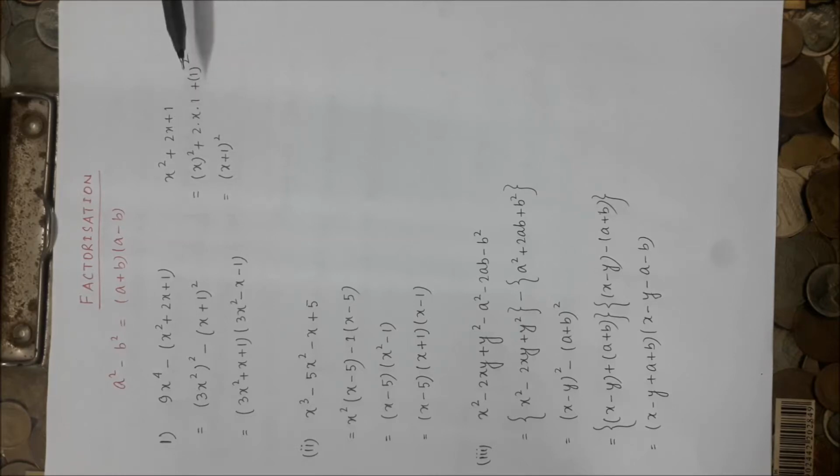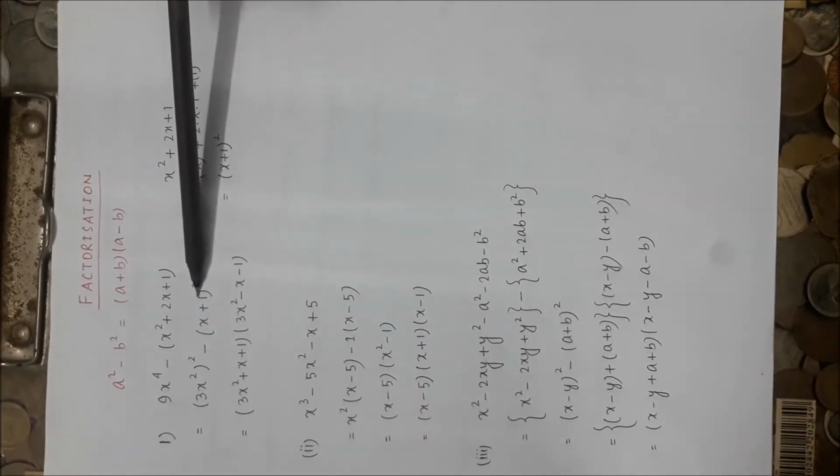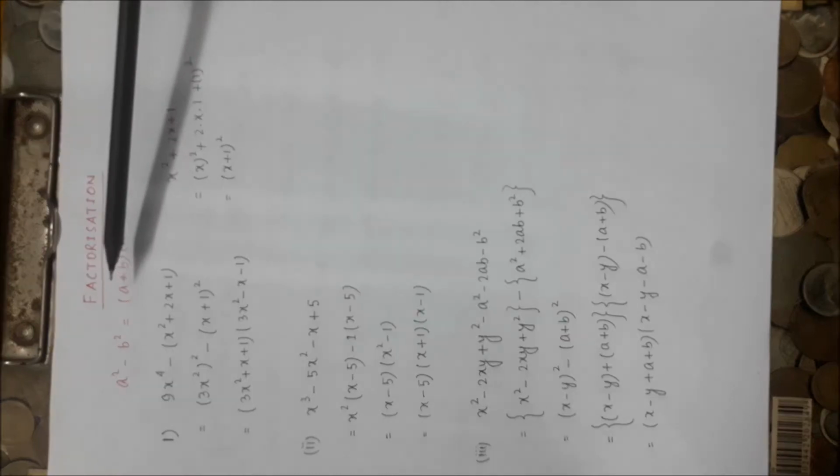Here we are using the formula a square plus 2ab plus b square, which is equal to a plus b whole square. So now once you express it as a perfect square, then we can apply the formula.